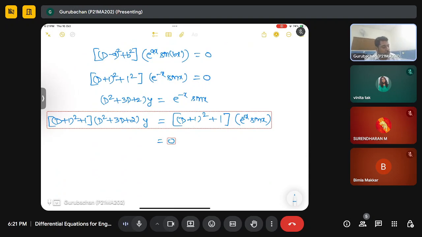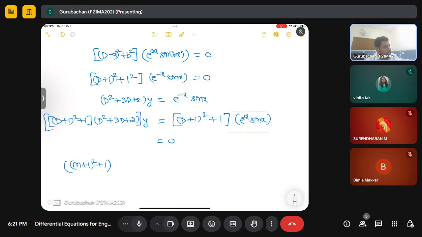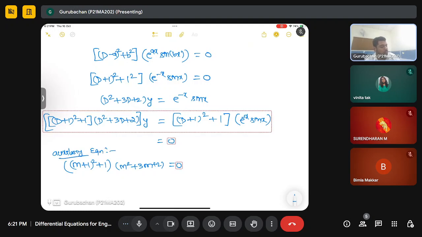So you can write its auxiliary equation, that will be m square plus 3m plus 2 equal to 0, along with the factor from the annihilator.